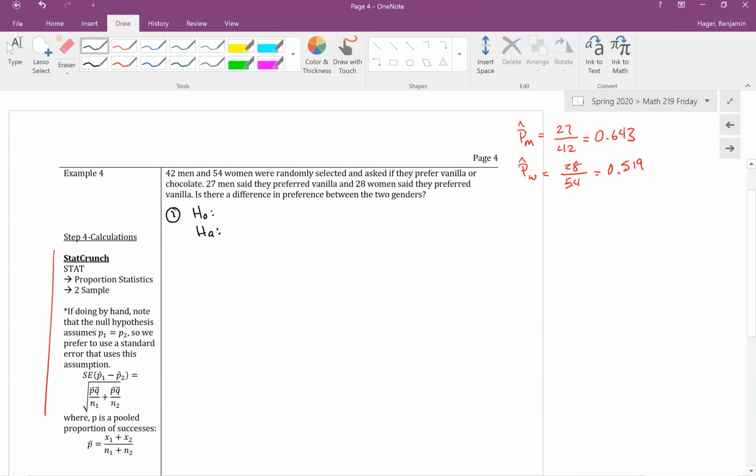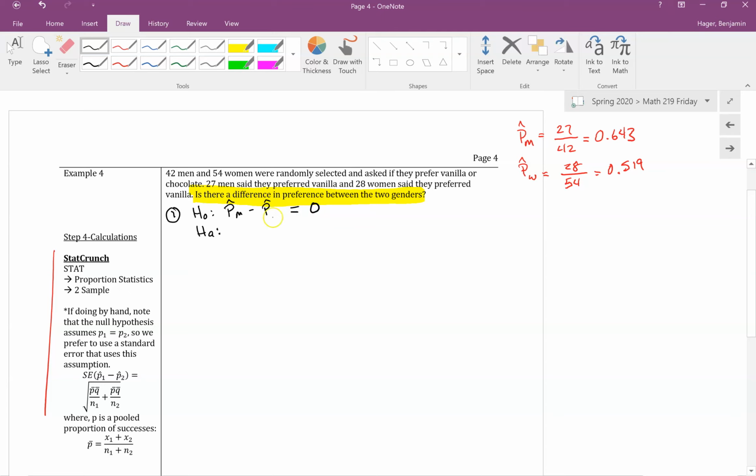And we just did this on the previous page. Again, the question is asking is there a difference in the two genders and their preference for vanilla? And so we said that the preferred way to write that first null hypothesis was that the difference between men and women that prefer vanilla, well, the baseline is that there is no difference, that the difference between them is 0.